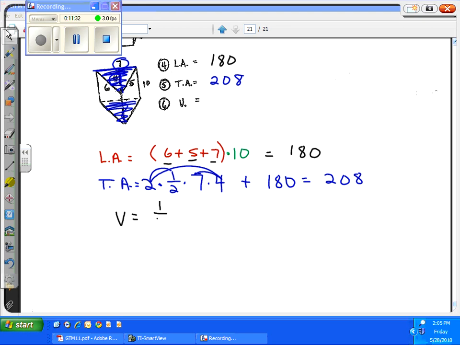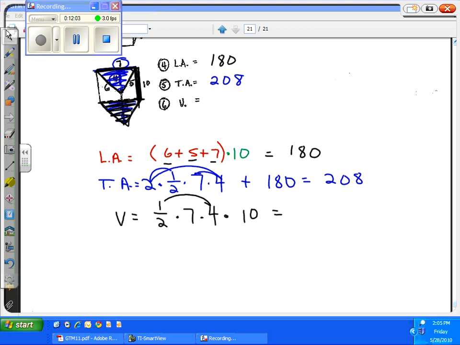Volume is area of bottom, which is 1/2 base of 7 times height of 4, and then we fill it up times the height of the prism, 10. So we took the area of the bottom, 1/2 base times height, 1/2 times 7 times 4, and then times 10 filled it up and gave us volume.